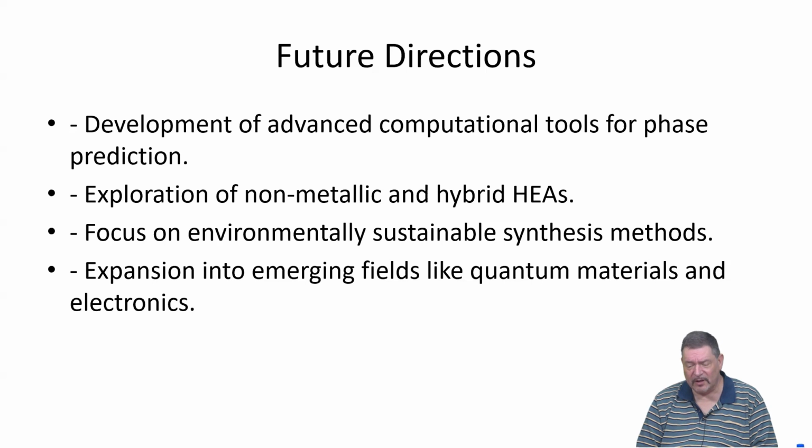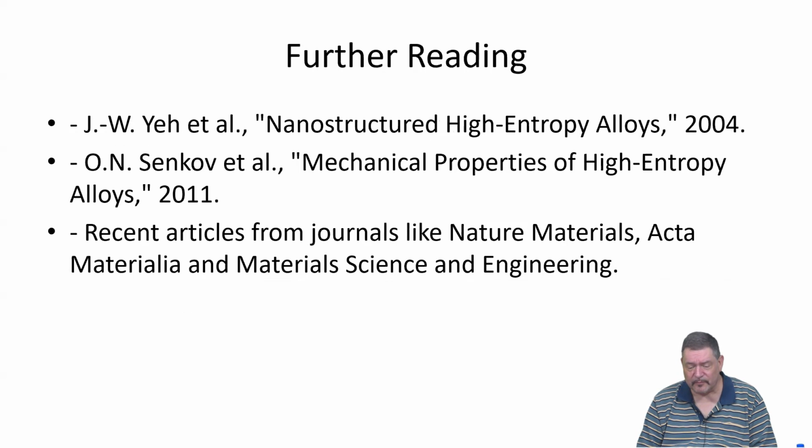And applying these materials and their tunability by compositional tuning to advanced fields, like for example quantum materials for coatings, or chips for optical computing, where you can change the index of refraction by changing the composition. This is something which I think has really a future.